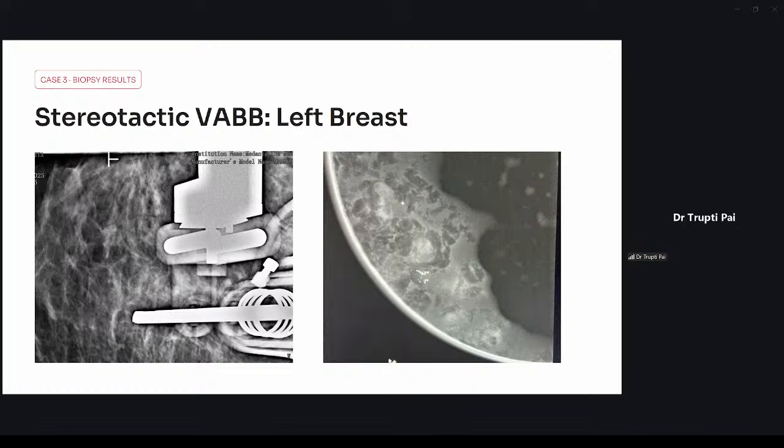Or you can say out of the total, what percentage it is. Sometimes you have multiple sections but an occasional foci. Because then we have to correlate with the imaging findings, whether whatever is suspicious we have taken out or not. So you may not be able to give the exact size, but whether the imaging abnormality has been properly represented. Yes, that is the thing.